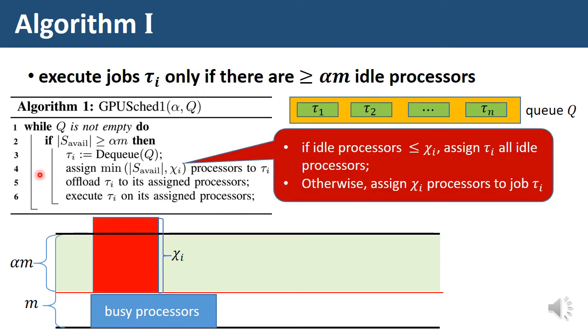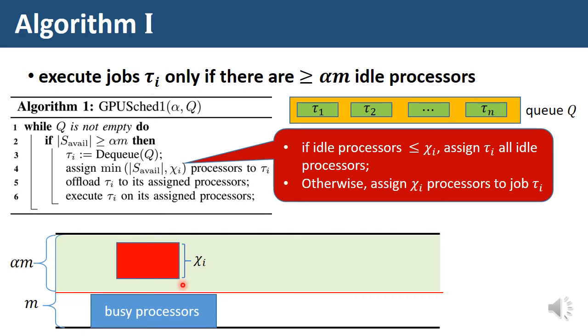Look at line 4, we assign the idle processors to tau i like this. First, if the idle processors are fewer than the maximum parallelism degree cutoff i of tau i, then we assign tau i all idle processors. Just like this, the shape of tau i is changed to fit the number of idle processors.